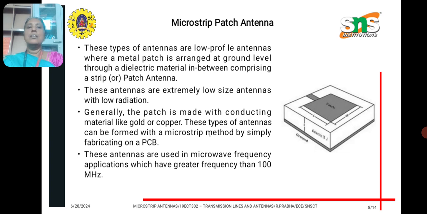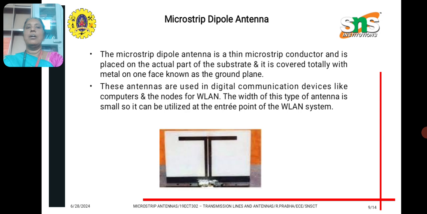These antennas are extremely small in size with low radiation. Generally, the patch is made with conducting material like gold or copper. These types of antennas can be formed with the microstrip method by simply fabricating on a PCB. These antennas are used in microwave frequency applications which have greater frequency than 100 MHz.